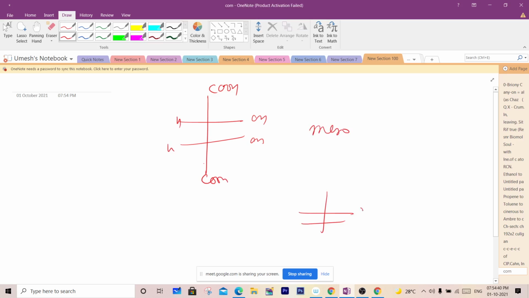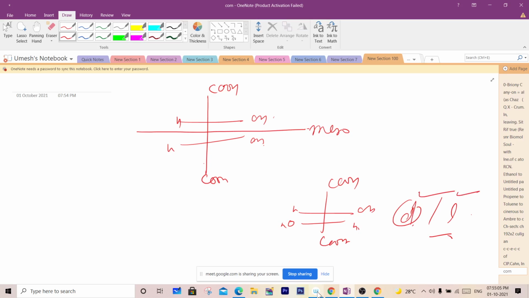But in case two similar groups are on the opposite side and yet it is optically active, this is a dextro form or the levo form, right? This meso form will have planar symmetry and will be optically inactive, right? But here we don't have planar symmetry and it will be optically active. Dextro or levo will be there. Yes, sir. Understood? You should recall.